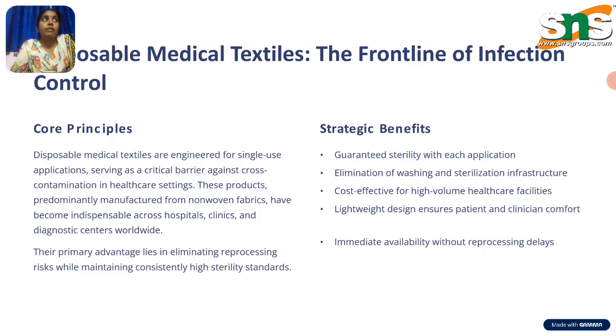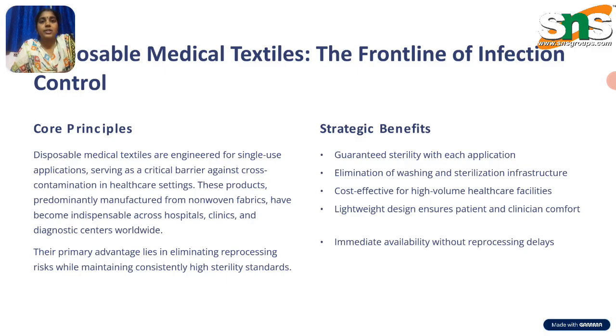If we go with a disposable one, we don't need to sterilize it and we don't need to wash it. Once we use it, we can just dispose of it, but we have to dispose of it in a proper way, because it is non-woven, and we have to follow the necessary precautions. Next is cost-effectiveness in high-volume healthcare facilities.